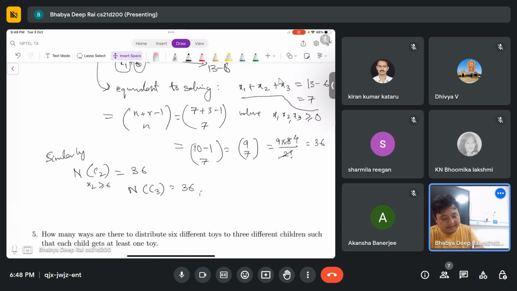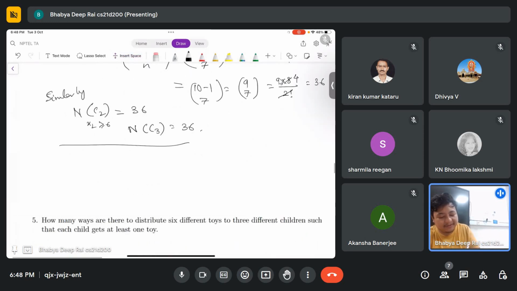Now it's just the same process over and over again. Next, n of c1, c2 is when x1 plus x2 plus x3 is equal to 13.